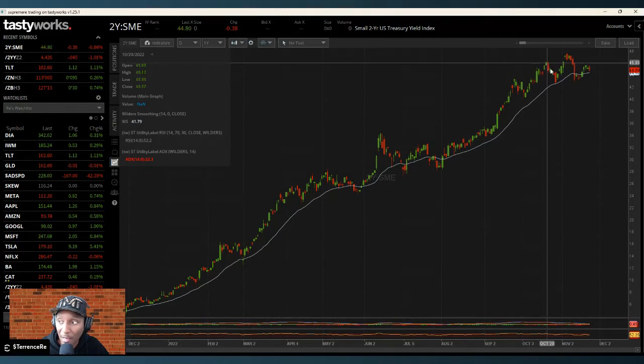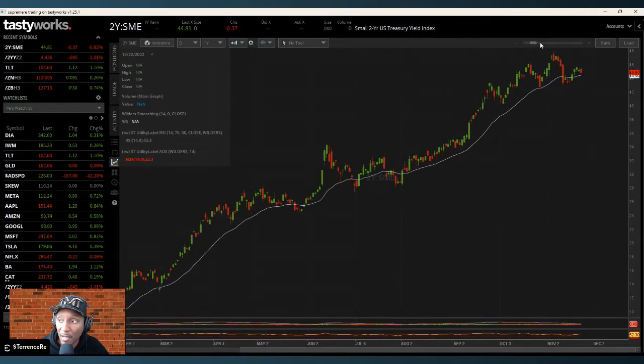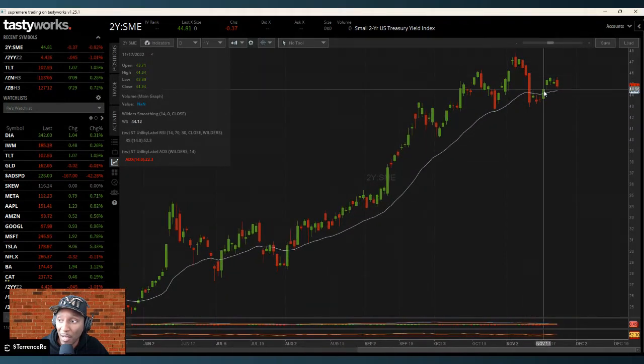You got a high here, low, high, low, high, or it could form a head and shoulders, possibly. This would be one shoulder, that would be your head, this would be your other shoulder, and it would have to break this neckline, and then we could get a down move and a reversal, possibly.